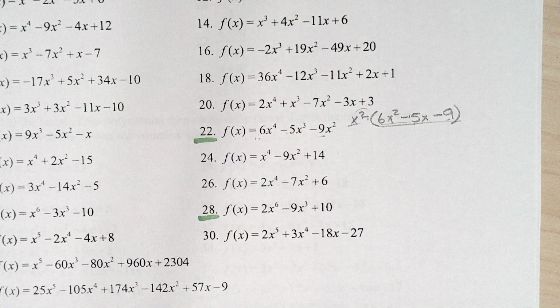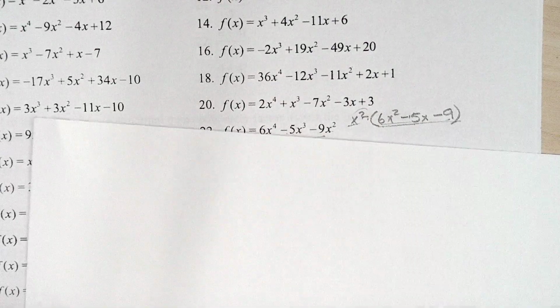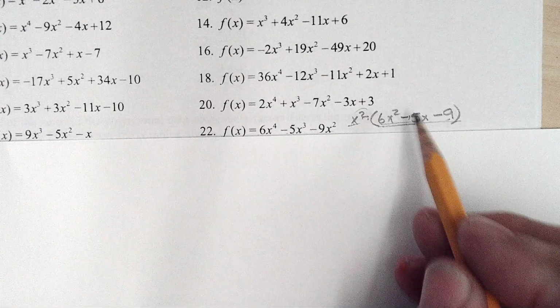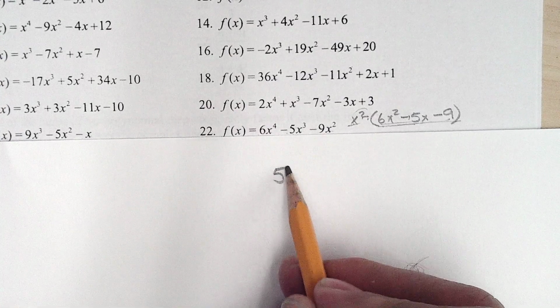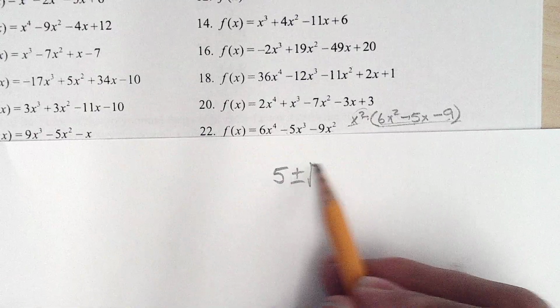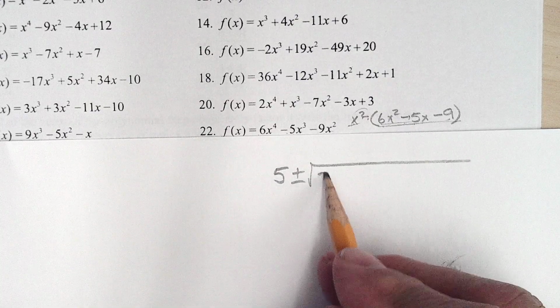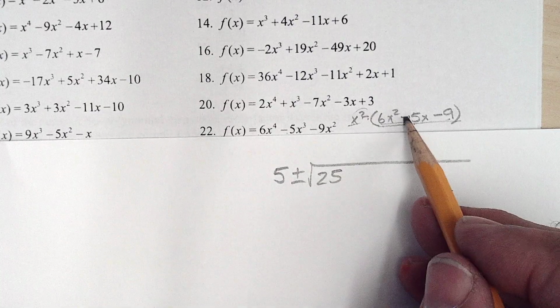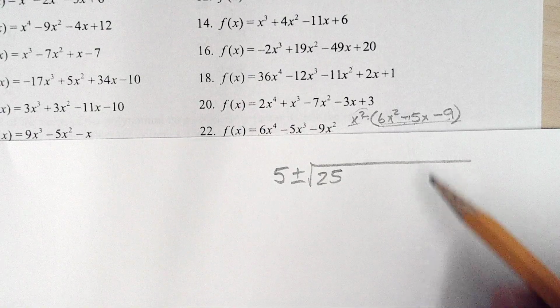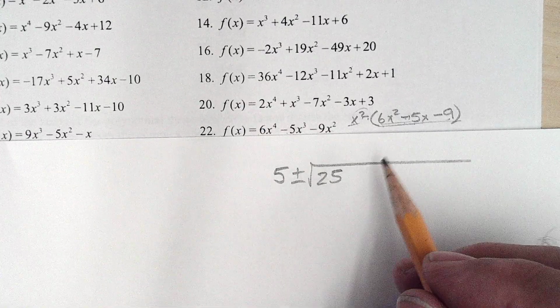And I'm going to do, let me get a piece of paper here. I'm going to do the opposite of b, plus or minus the square root of b squared. It's always positive, so just don't even look at the sign on that part. 5 squared, 25.